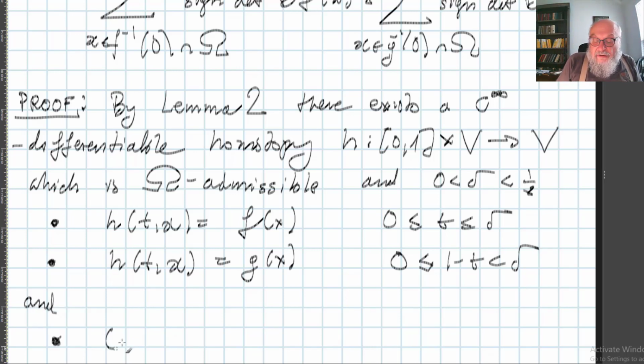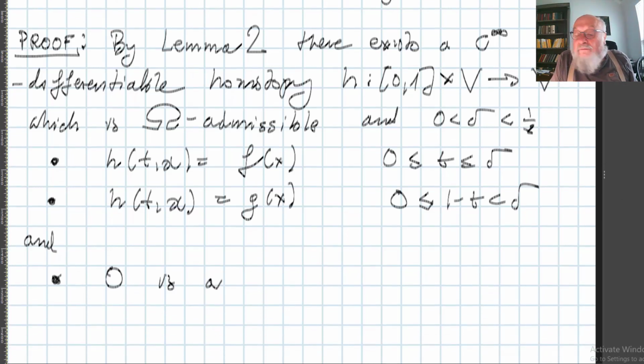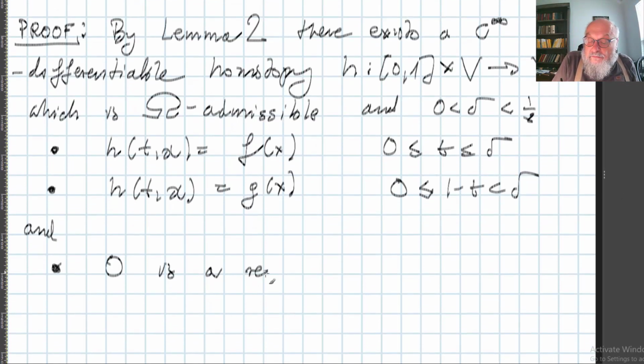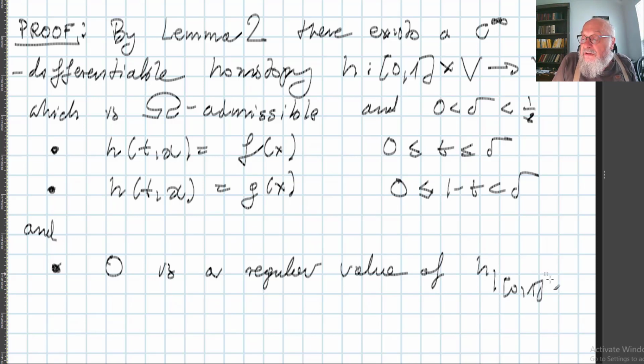And the bullet number 3, 0 is a regular value of h restricted to [0,1] times omega.